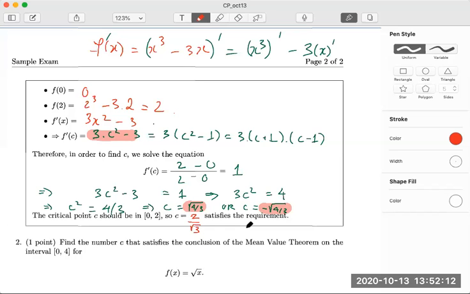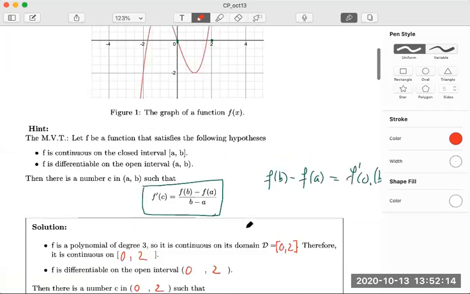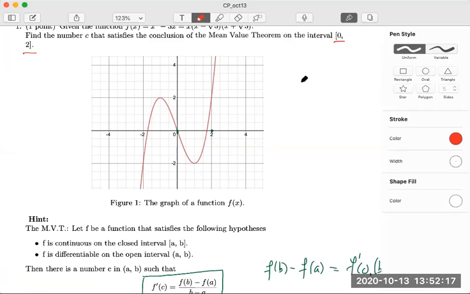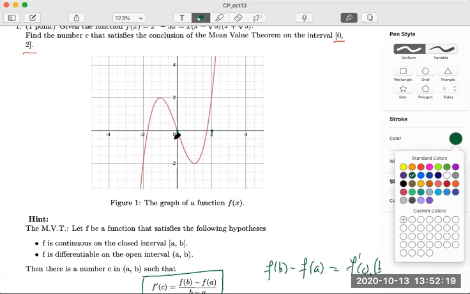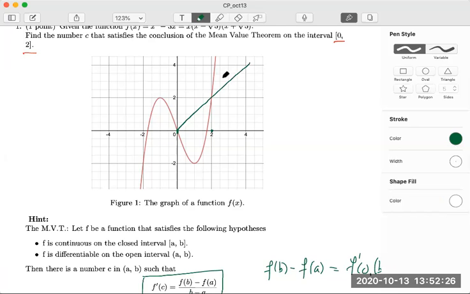Go back to the graph of this. Okay, look at this. The secant line from the point 0, 0 to the point 2, 2 will be this line. Okay? And the point x equals square root of 4 over 3 will be 1 point something, right? It is somewhere here. Okay?